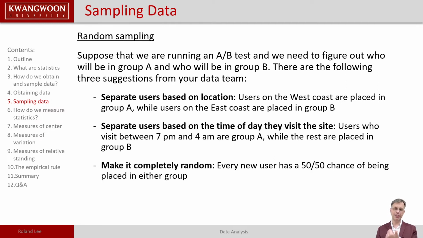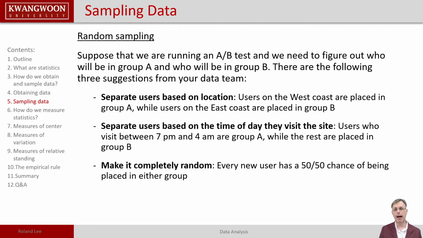Well, first, separate the users based on location. In the States, we can do this easily because we have the West Coast and the East Coast, so put the West Coast people into group A and East Coast people into group B.